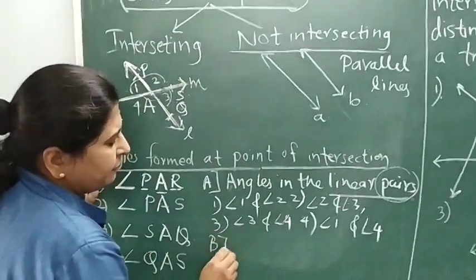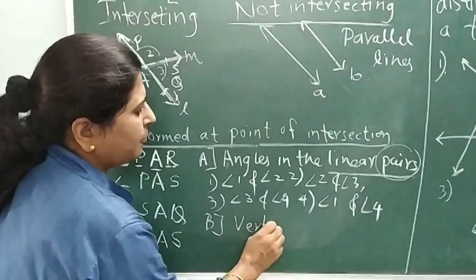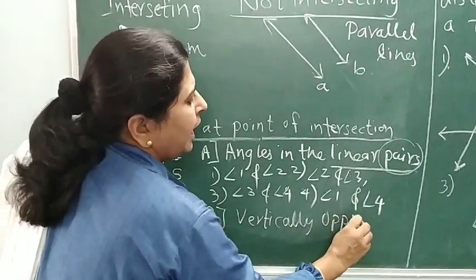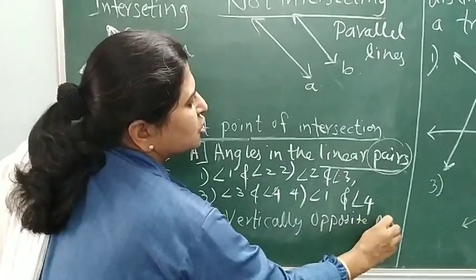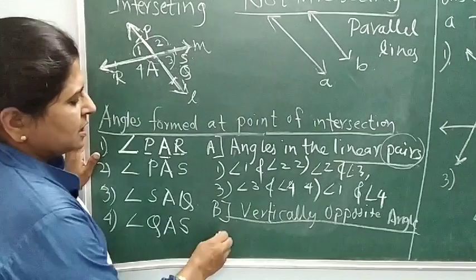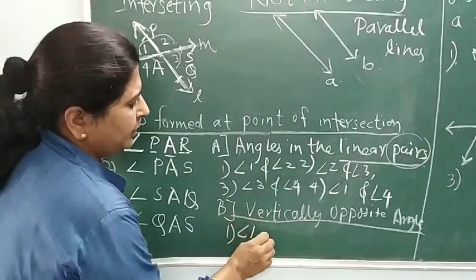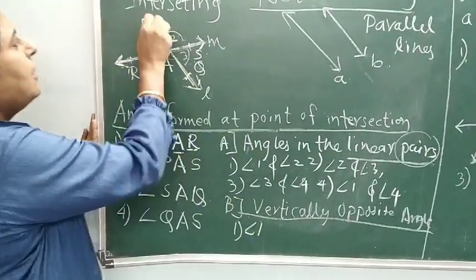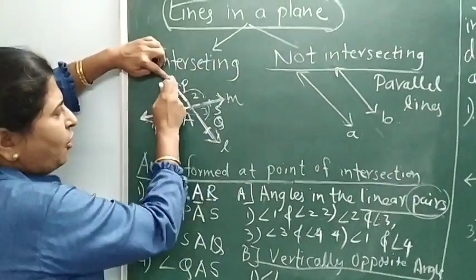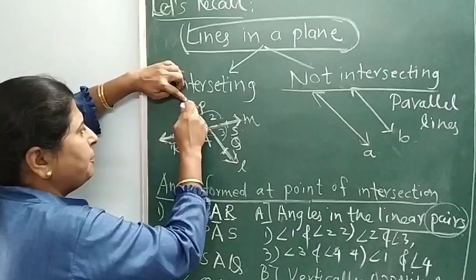What is the other we have learned before? It is vertically opposite angles. In short, we call them VOA. Okay, vertically opposite means what? Suppose for angle 1 we are talking about, what is the vertically opposite pair of this? Now, these are the arms of this angle, the first angle, PAR.